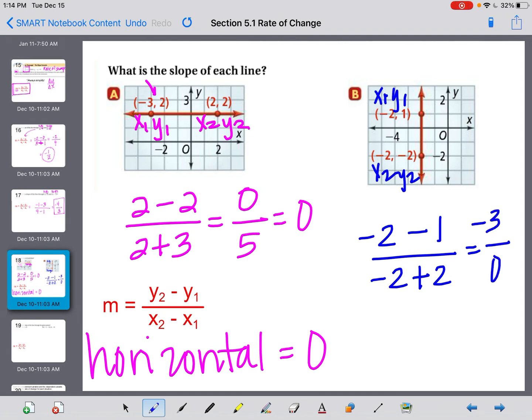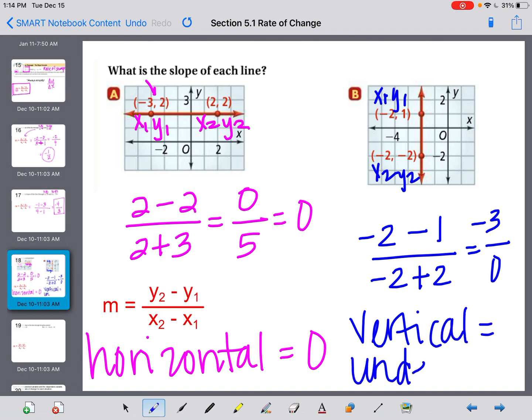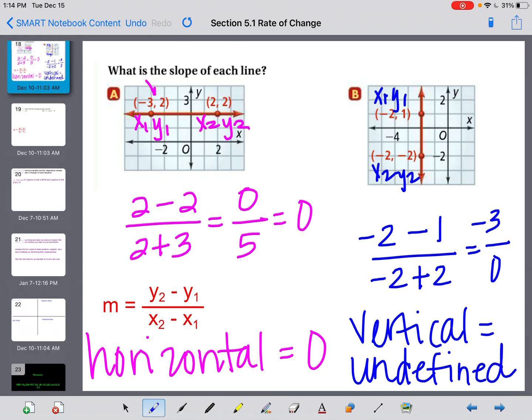And if I tried to divide, if I have negative 3 things, and I try to divide those into 0 groups, it's not possible. If I have things, I can't divide them into 0 groups. So a vertical line, their slope is going to be what we call undefined. Okay, and if you watch my video attached about slope dude, you will see what I'm talking about.